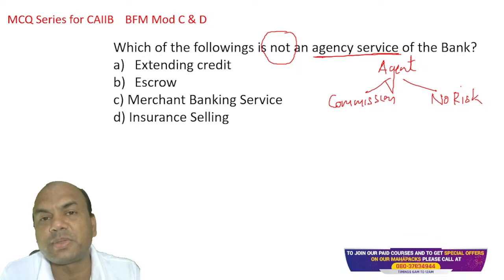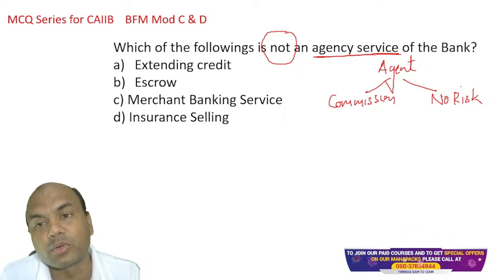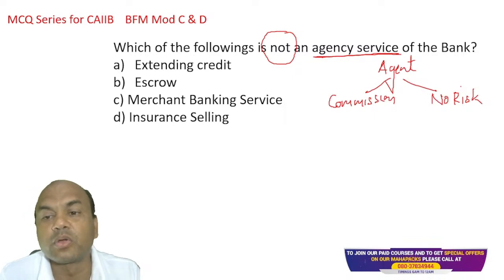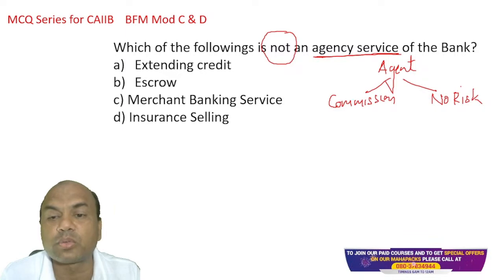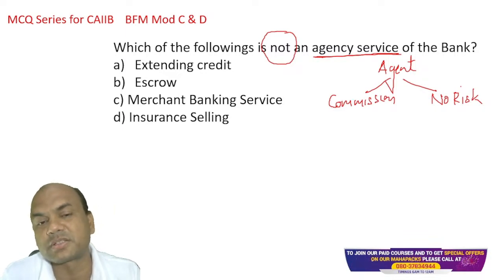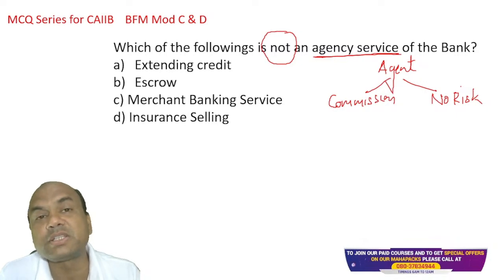Agent just plays as a middleman between that company and you. So if tomorrow something happens, the agent will directly point out to that company, go there and solve the issues. So no risk. So that's why when your bank acts as an agent, it also gets 2 points over here: commission and no risk.